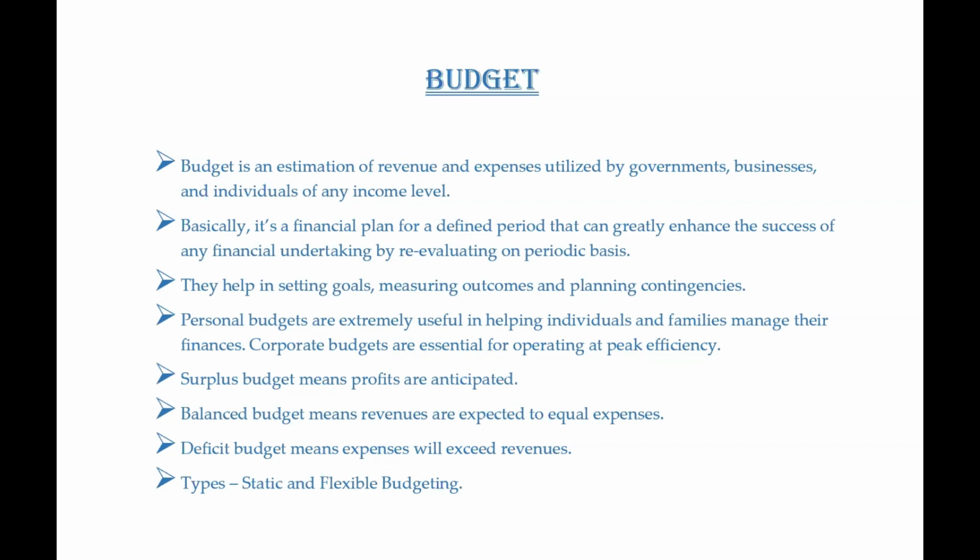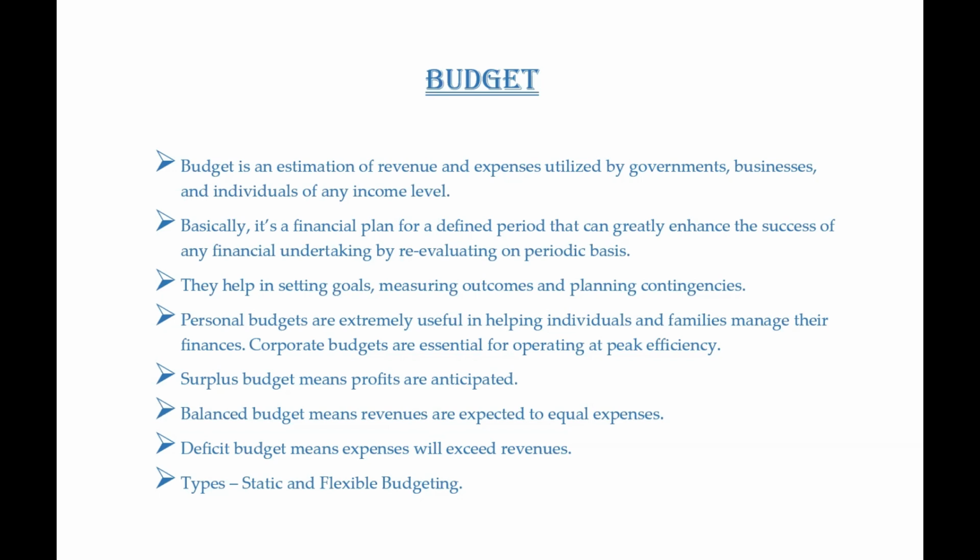Okay, and how will this budgeting be categorized, based on how it is being operated over a certain period of time? We can expect three things on a budget when it is evaluated on a periodic basis. It might fall under a surplus category, a balance category, or a deficit category.